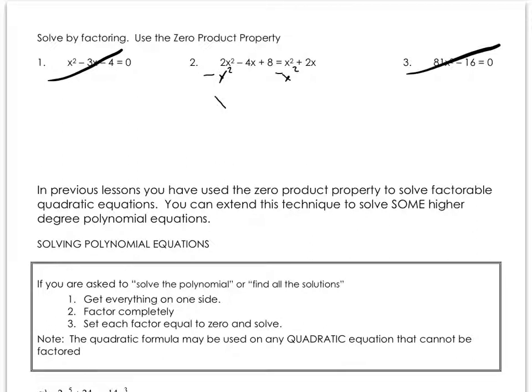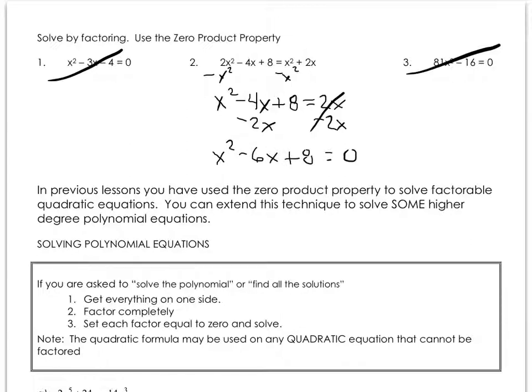so that's going to be now x squared minus 4x plus 8 equals 2x. Okay, let's go ahead and subtract out the 2x. So x squared minus 6x plus 8. And now we're equal to 0, which means we can factor it.